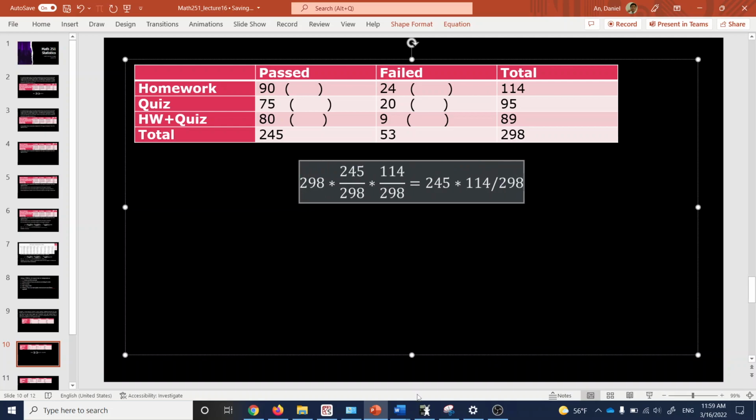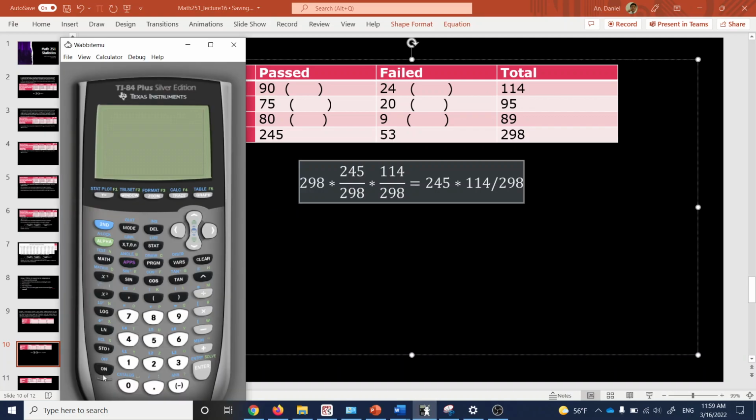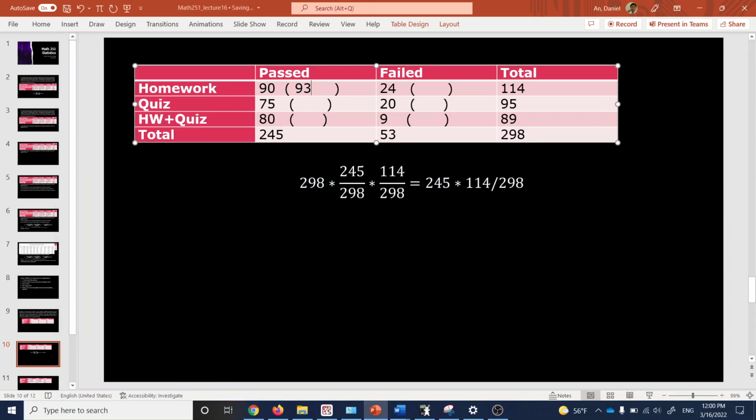Let's put that into the calculator and see what that gives us. Okay, 245 times 114 divided by 298. 93.72. So we put 93.72.